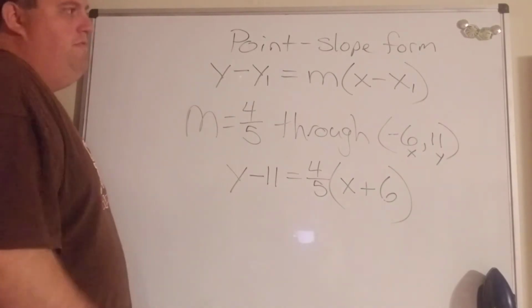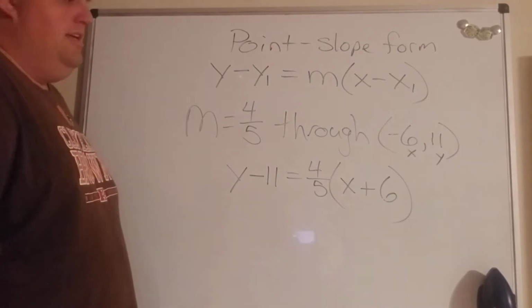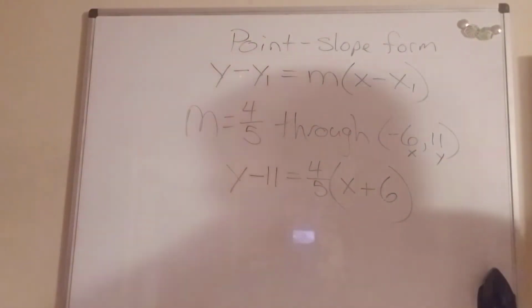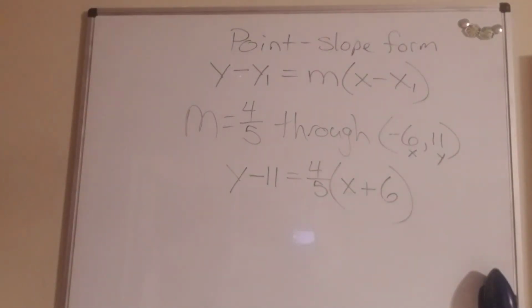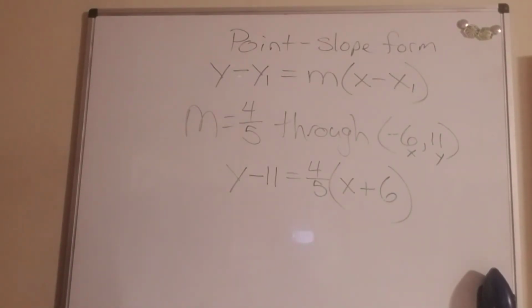But for what we're doing right now, we're just going to leave it like this in point slope form. It is kind of weird, but that's okay. We can deal with weird, right? I'm just going to do a couple practice ones where I give you some different things, and then we'll put them in point slope form from there.